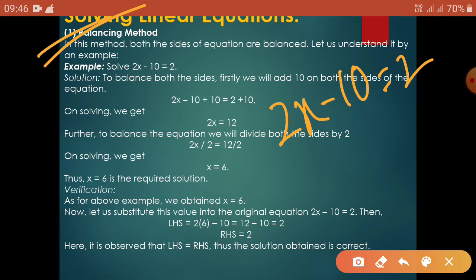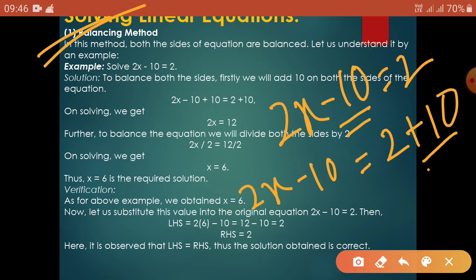To balance both the sides, firstly we have to add 10 on both sides of the equation. Because 10 is there, so 2x minus 10 equal to 2 plus 10, adding 10 here, and we are also adding 10 on the left side.